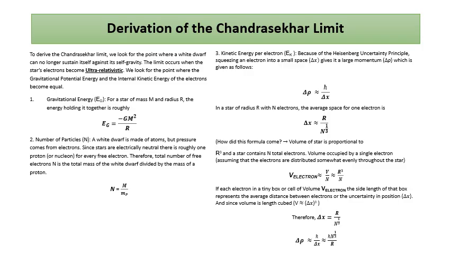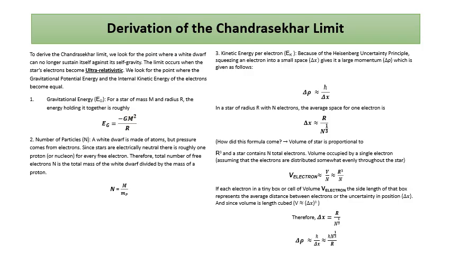Gravitational potential energy is given by the relation G M squared by R, where M is the mass of the star and R is the radius of the star. This is the energy that is holding the star together.